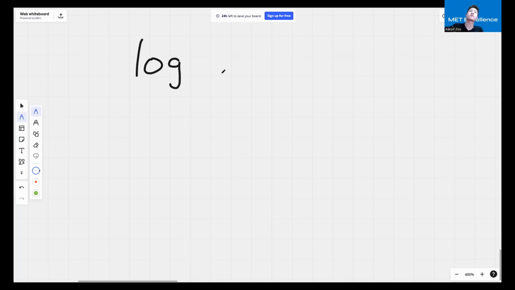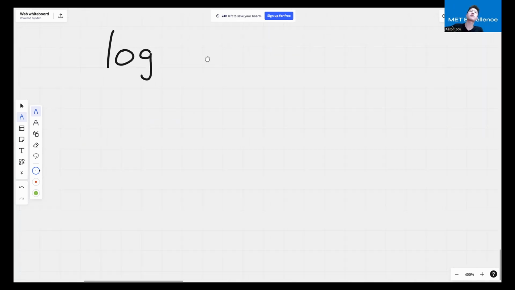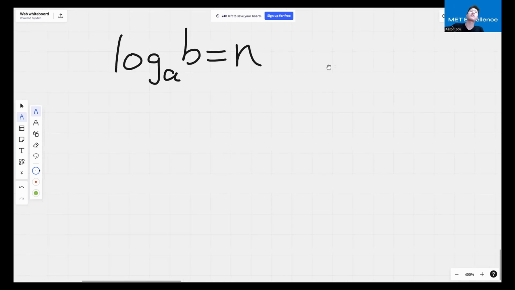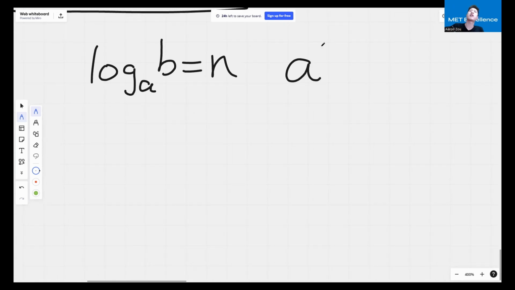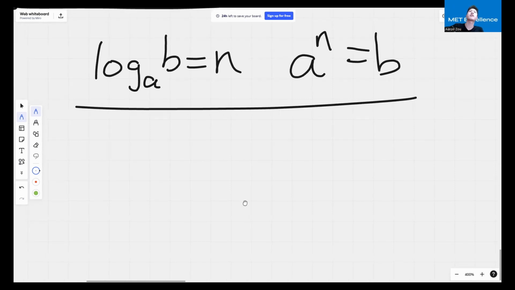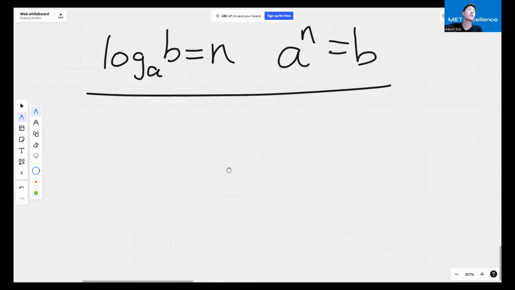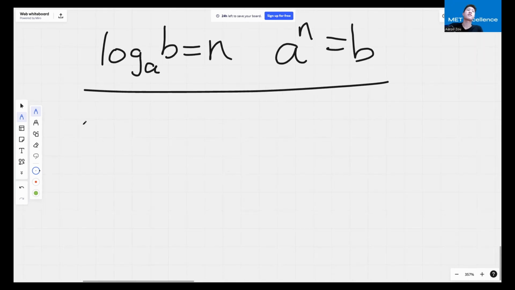If you're still a little shaky on this, I'll write out the definition of the logarithm, which was this. That's how we use the logarithmic notation. Okay, so here is the first property.